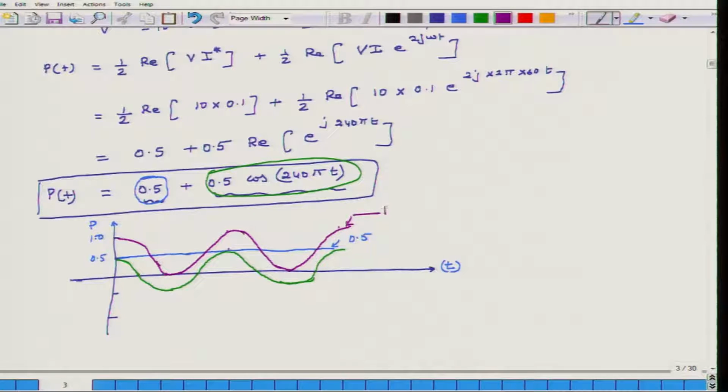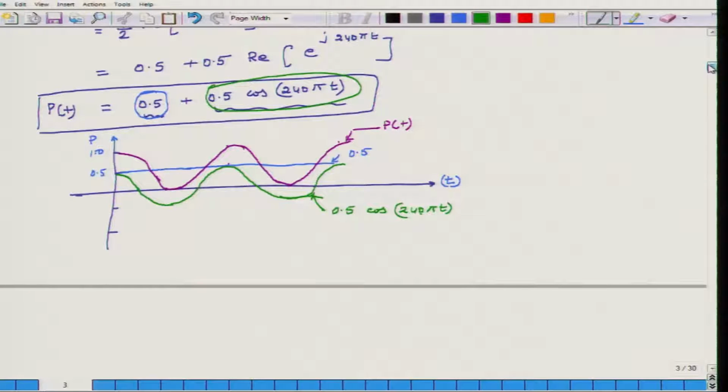That is my expression for P t, and the green line is 0.5 cosine 240 pi t.